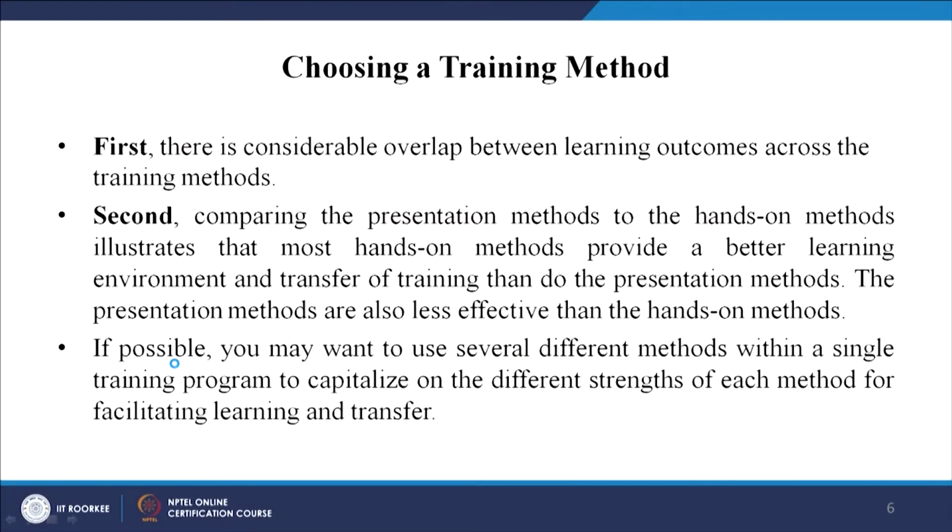What we have to keep in mind is that there is considerable overlap between the learning outcomes across the training methods. Every training method normally has its learning outcomes, that is understood, but there should not be a mismatch. The first and foremost point is that the method which is used and the method which the trainee expects should match. If content delivery is required more than practicing, then the focus will be more on lectures.